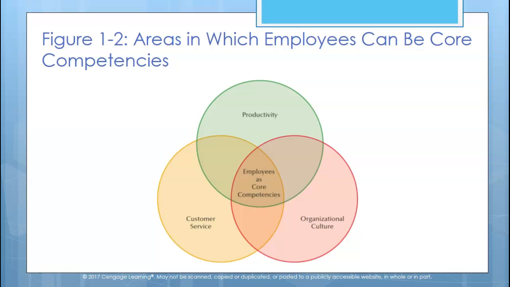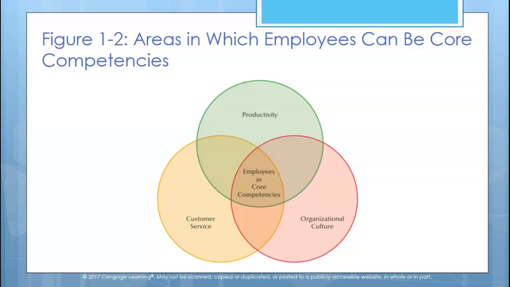So we talked about intellectual capital. We talked about core competencies. Ultimately, these three things in organizations cross over to make our employees our core competencies. If you're making something or if you're offering a service, that productivity matters to you. How many courses can your instructors teach, or how many cars can your team produce? That's your productivity.